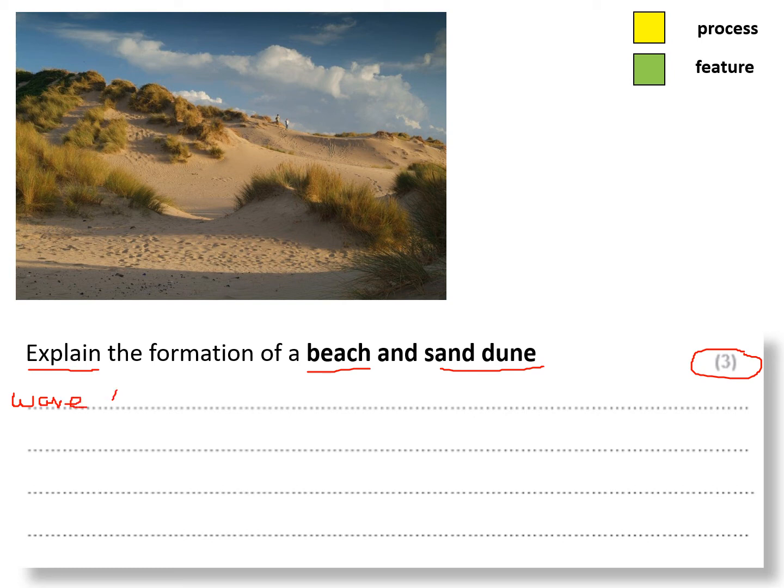And you can get a mark for saying what kind of wave it is. Then we're going to write about a process. So was it erosion or was it deposition? And then lastly, we'll mention a sand dune. So we're going to say wave type plus a process. And then finally, we're going to say something about the sand dune.